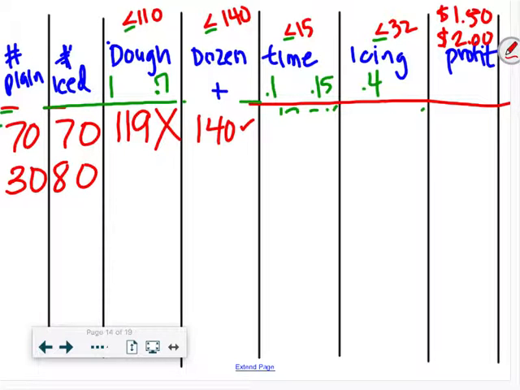Okay, and it looks like that was going to cost us 17 and a half hours, so that was also too much. So that combination was too much.